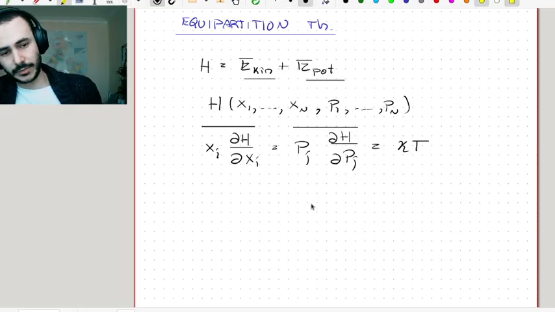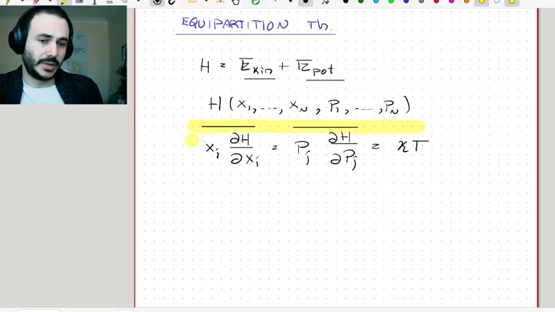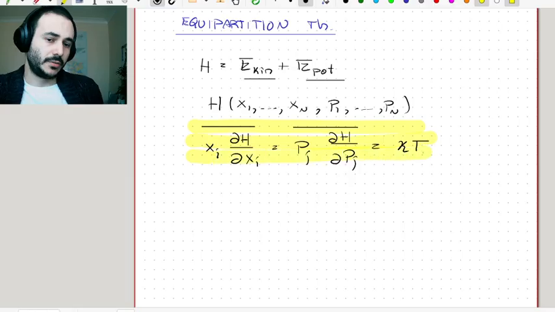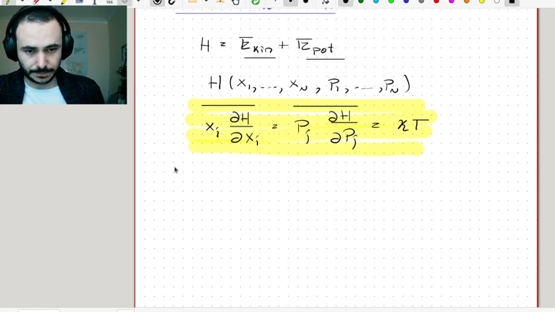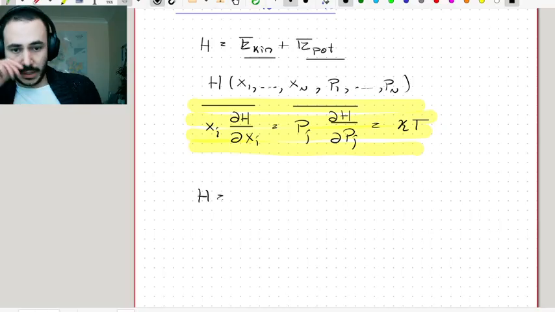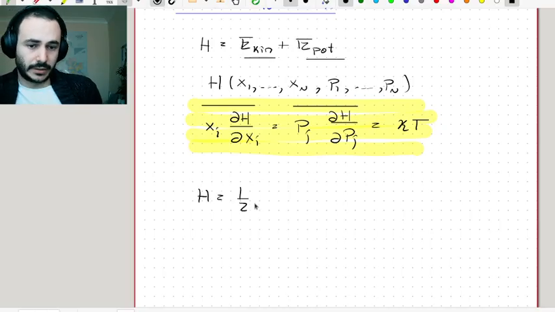Okay, so that's the main result of the theorem, and this is what we have actually seen in the calculation we just did. The calculation is consistent with this result, and let's see why. The Hamiltonian in our case is of this form, 1/2 times 1/m.